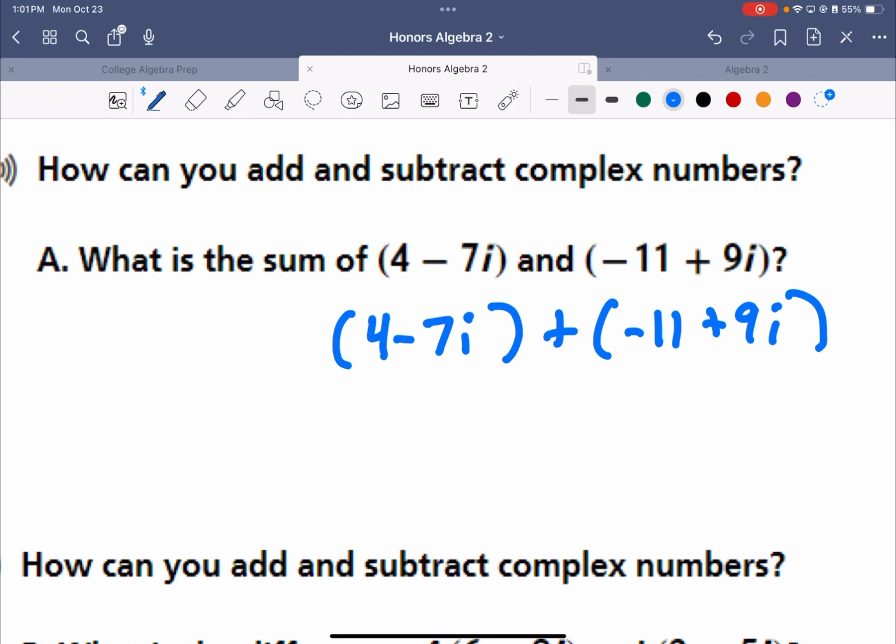it's combining like terms. You're going to combine real numbers with real numbers, and imaginary numbers with imaginary numbers. Think of it the same thing as if you were going to take 4 minus 7x plus negative 11 plus 9x. You combine the like terms. You're going to combine the 4 with the negative 11. 4 plus negative 11 is negative 7. And you are going to take the imaginary parts, negative 7i and 9i, and combine them.